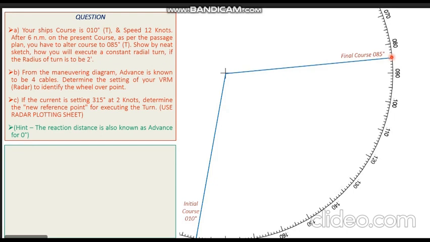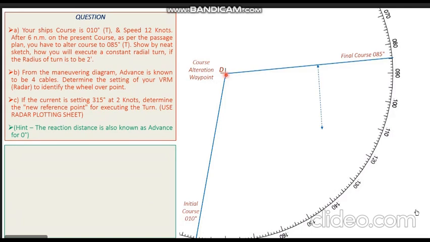So we have the initial and final courses coming up on the diagram. Now the center of the radar plotting sheet is our course alteration point, or the waypoint. Let's name the waypoint as Delta.